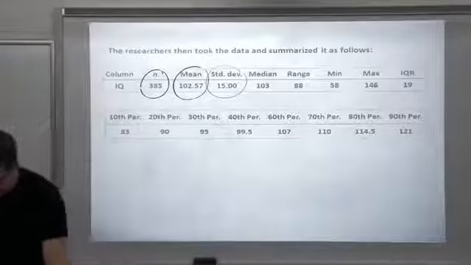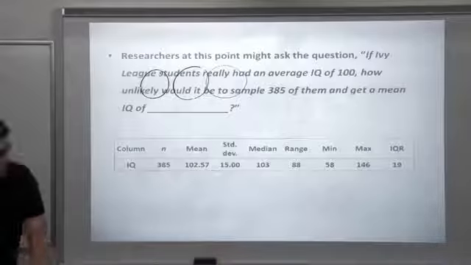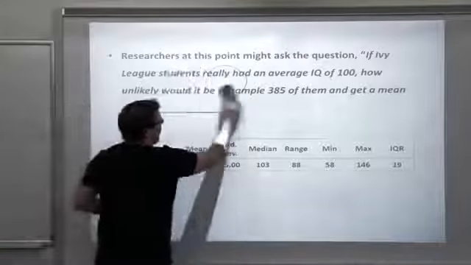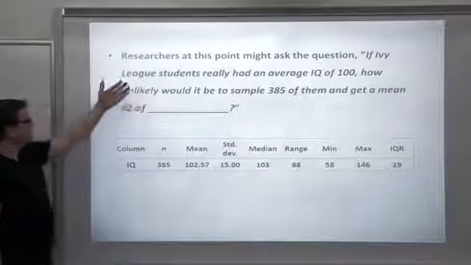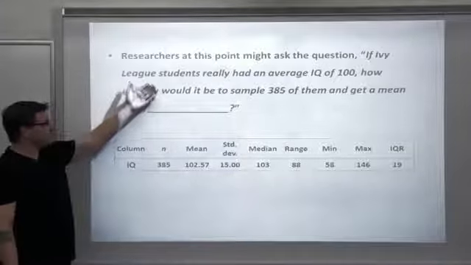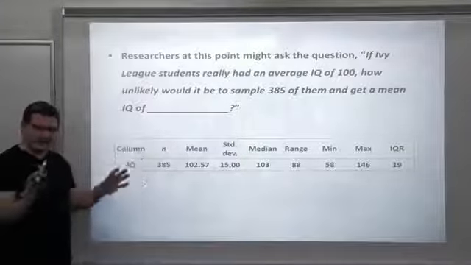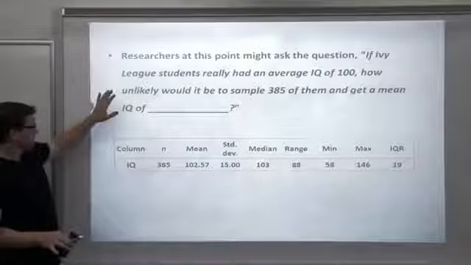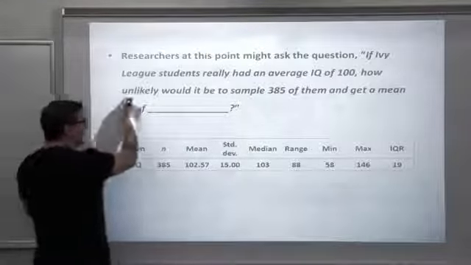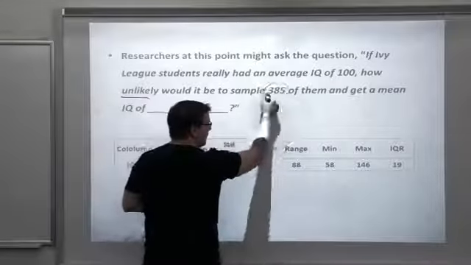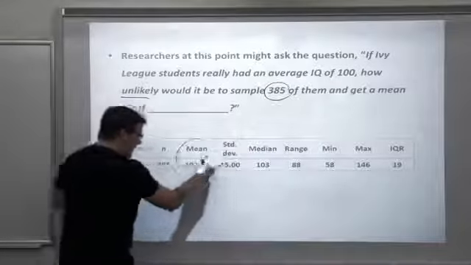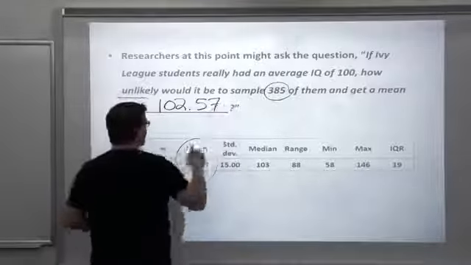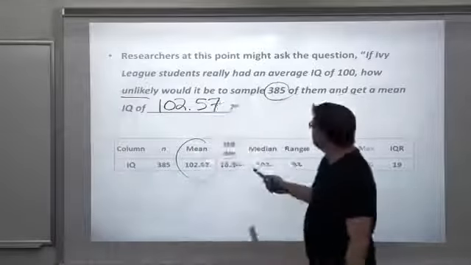All right, flip over that page. Researchers at this point might ask themselves a question. If Ivy League students really had an average IQ of 100, just like the general population, how unlikely would it be for us to take that sample of 385 of them and get that sample mean of 102.57?